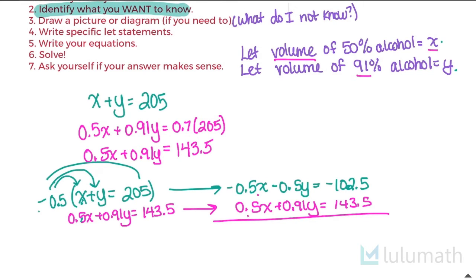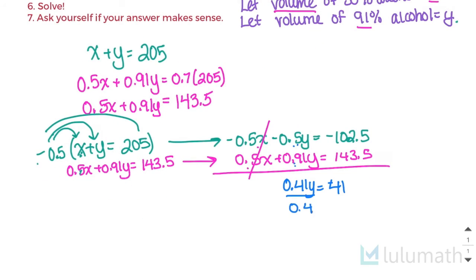Well, negative 0.5x and positive 0.5x cancel each other out to give you nothing. So then when I add the y's together, negative 0.5y plus 0.91y, I get 0.41y. And then negative 102.5 plus 143.5 ends up giving us 41. So now I can just divide both sides by 0.41, and I end up getting y equals 100.